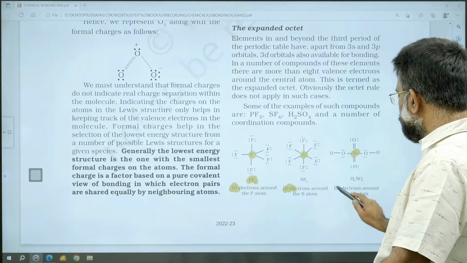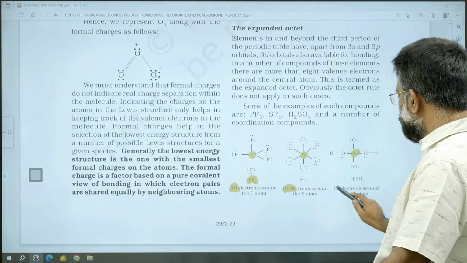Lattice enthalpy means the amount of energy required to break 1 mole of a crystal lattice to get individual isolated gaseous ions. That is lattice energy or lattice enthalpy. You can understand it like this: NaCl in the solid state splitting to Na+ in the gaseous state and Cl- in the gaseous state.